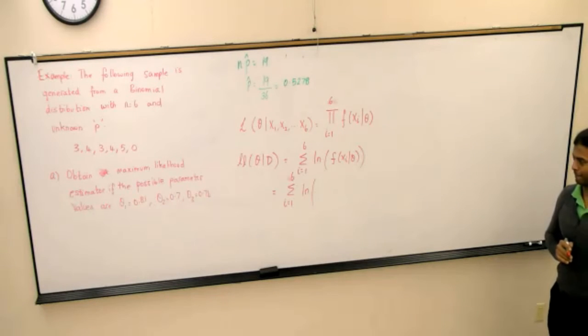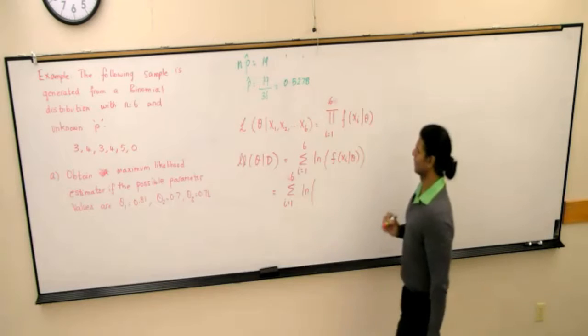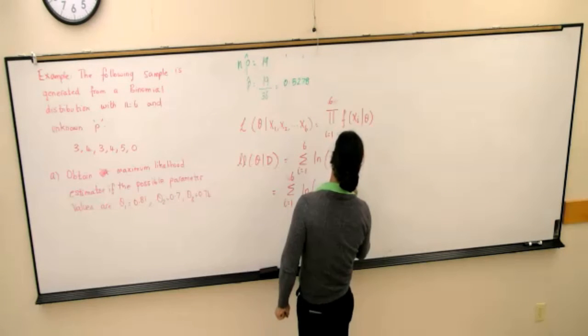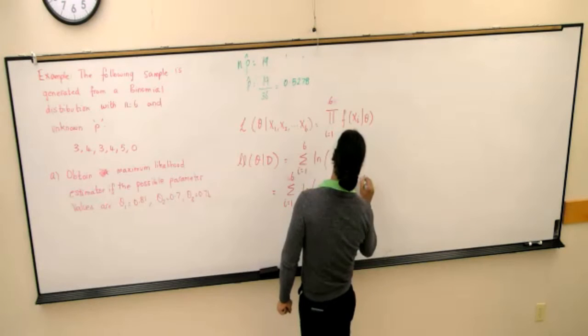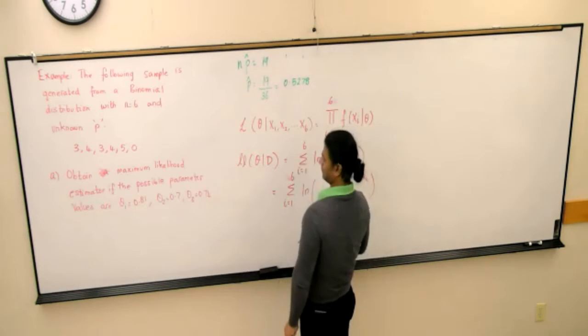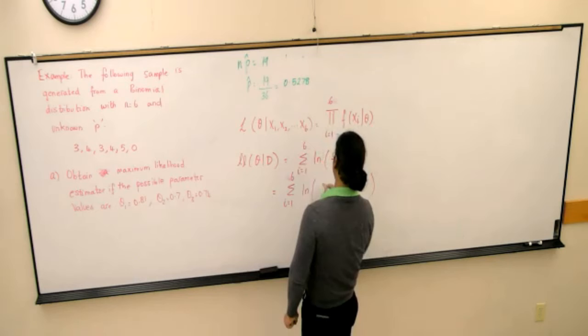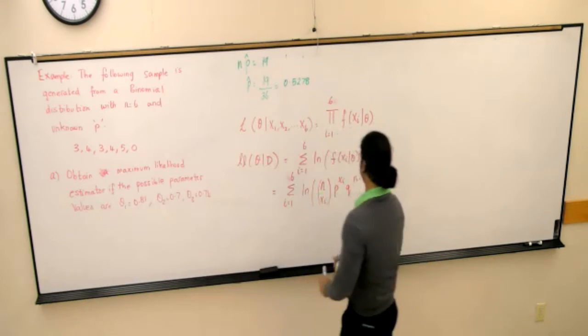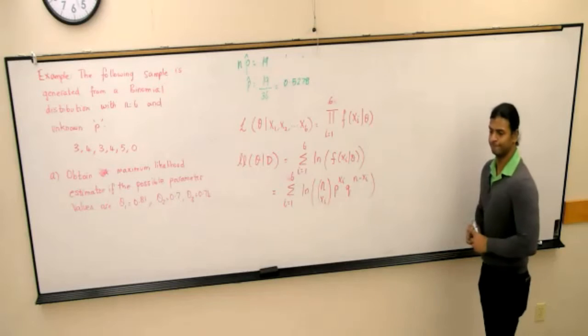It's p to the x, q to the n minus x, times the combination n choose x.